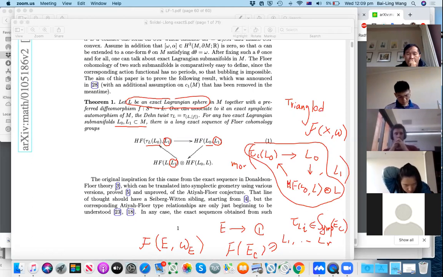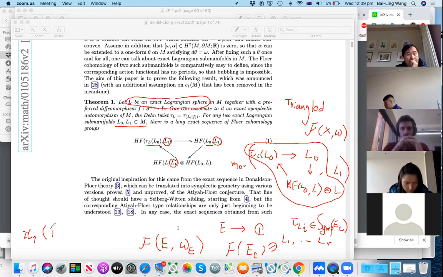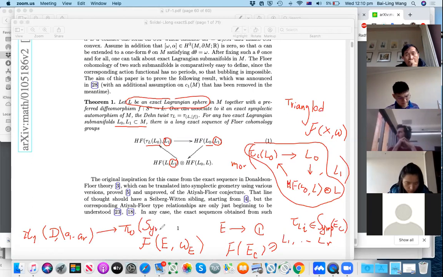Then we have this relation. Essentially, we have a map pi_1 from, say, C minus the points A1 to Ar, to pi_0 of the symplectomorphisms of E_c. Okay, so this is the representation, right?